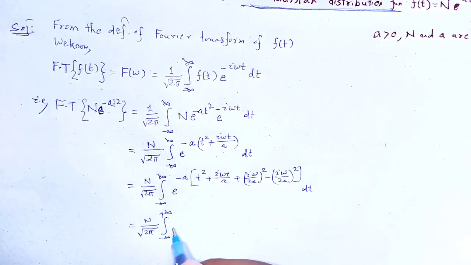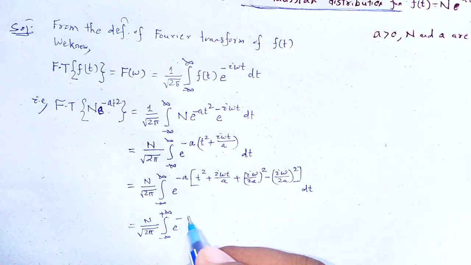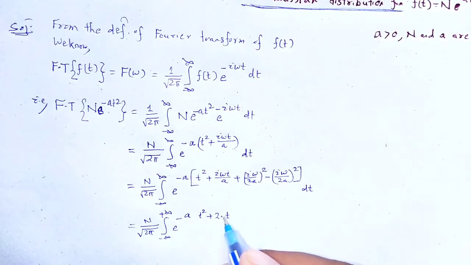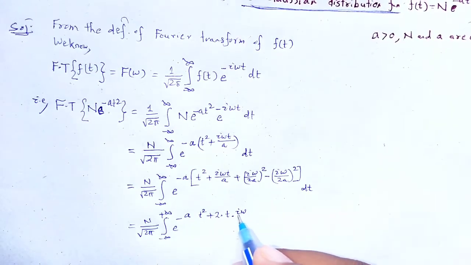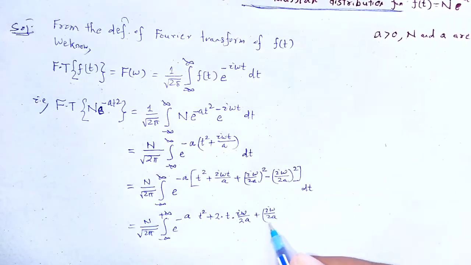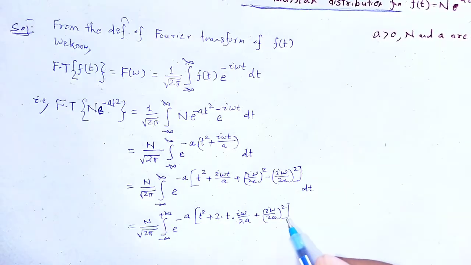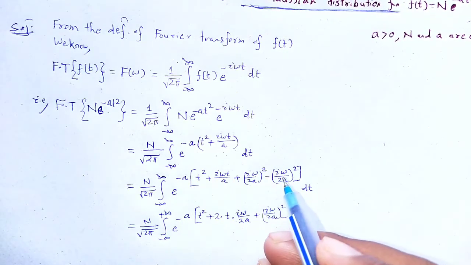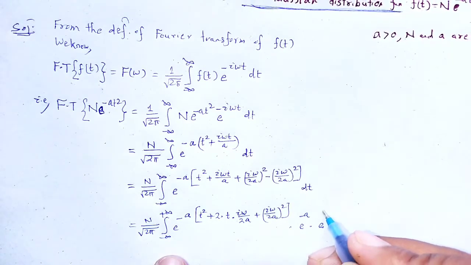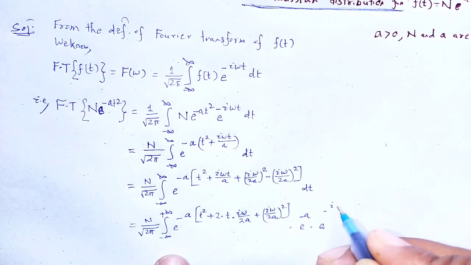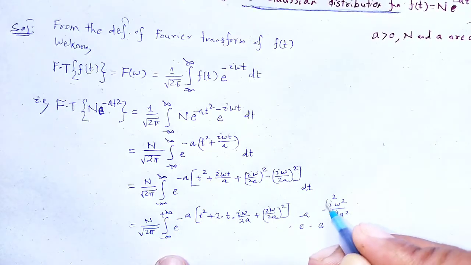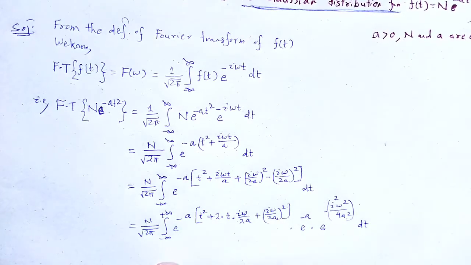It is equal to n by under root of 2 pi integration of minus infinity to plus infinity e to the power minus a. Here t square plus 2 into t into I omega divided by 2a plus I omega divided by 2a whole square, one term, and minus a is multiplied to that term, so it will be e to the power minus a into e to the power minus, expanding the square, I square omega square divided by 4a square dt.